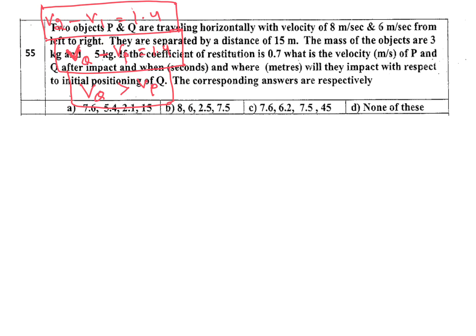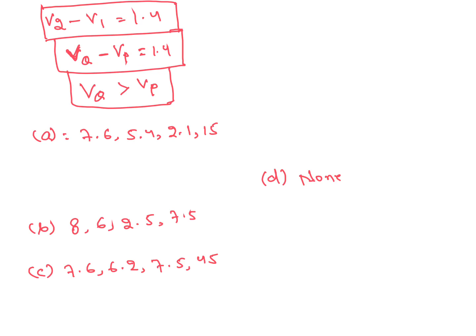From option A we have to check here: 7.6 minus 5.4, and one more thing here, VQ is 5.4 and VP is 7.6. Difference also not matching, and VQ is less than VP, so both are not matching. This is not possible.